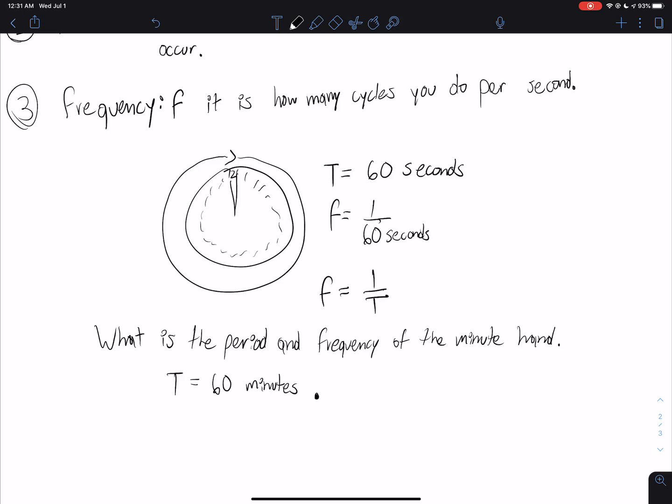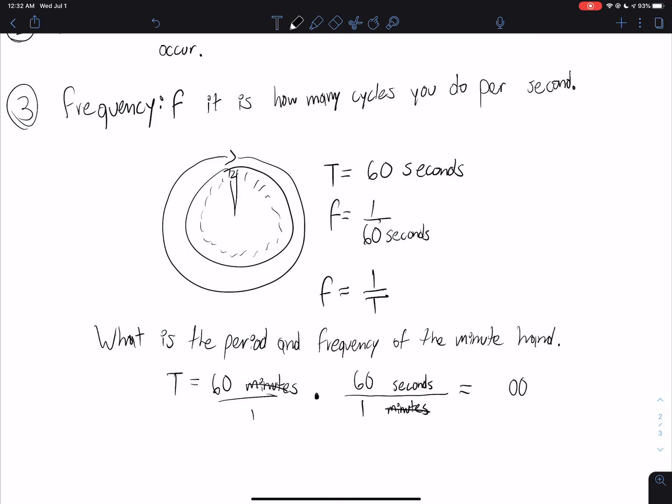The way I'm going to do that is put a fraction over here, with minutes here and seconds here. Your minutes will cancel out, and then you just have to write how many seconds are in 1 minute. We have 60 seconds in 1 minute. And then we can convert.